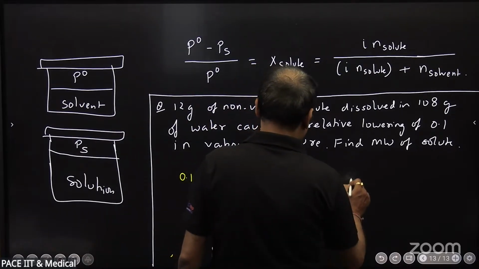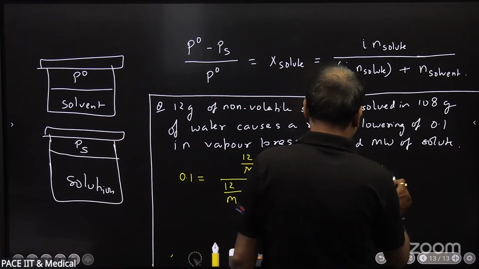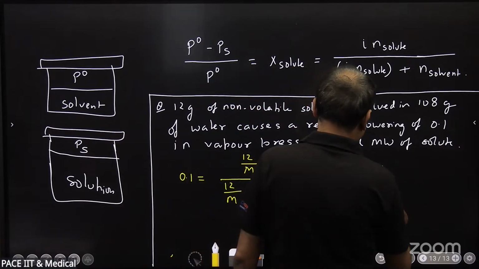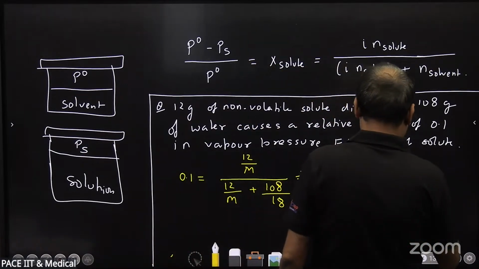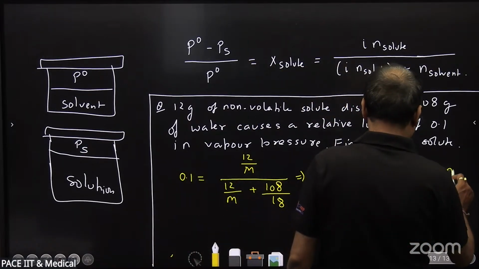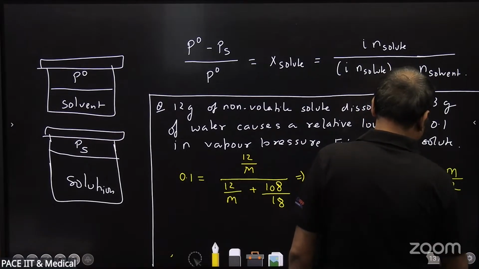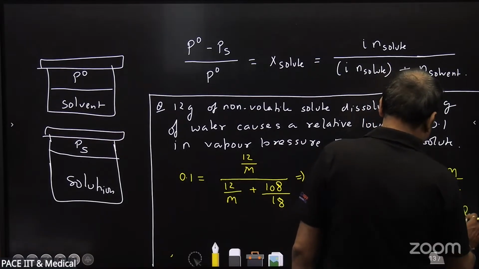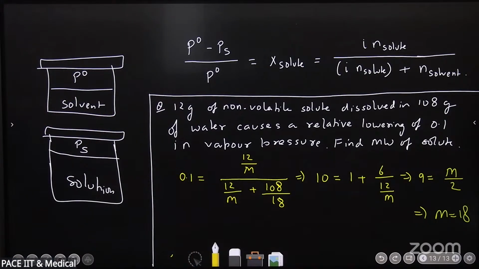So 10 is equal to 1 plus 9 upon M by 12, or this equation will become 9 is equal to M by 12. So molar mass we get as 108. Okay.